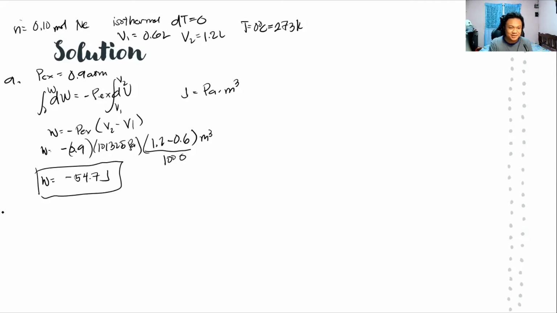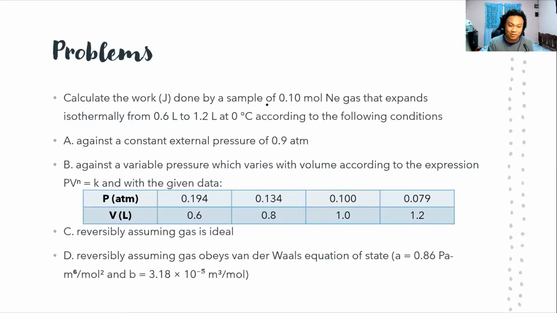So let's move on to letter B. So we are given the condition PV to the N is equal to K, diba? But we don't know what these are. But we are given the table, diba? We are given the table, this data.